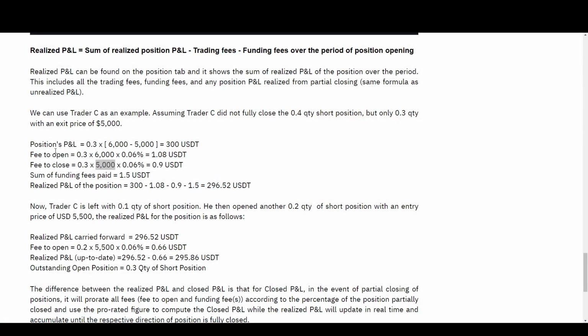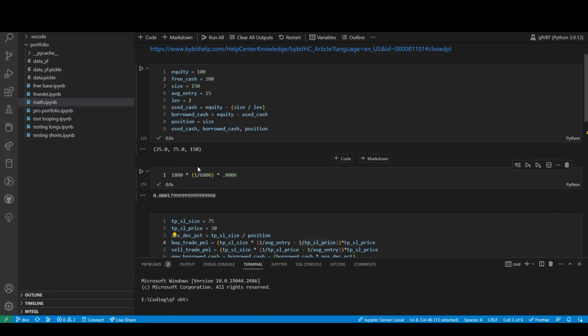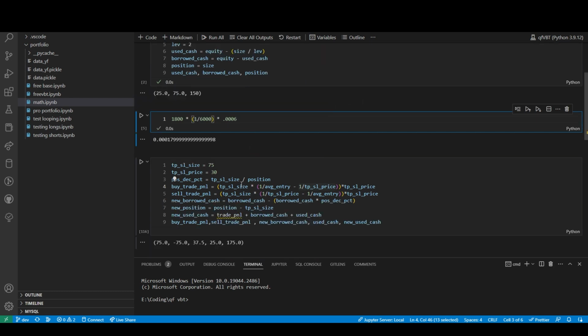Look. Fee to open. 0.3 times 6,000 is $1 USDT. So that should be this. Because we have our size, because down here, that's what we were doing.